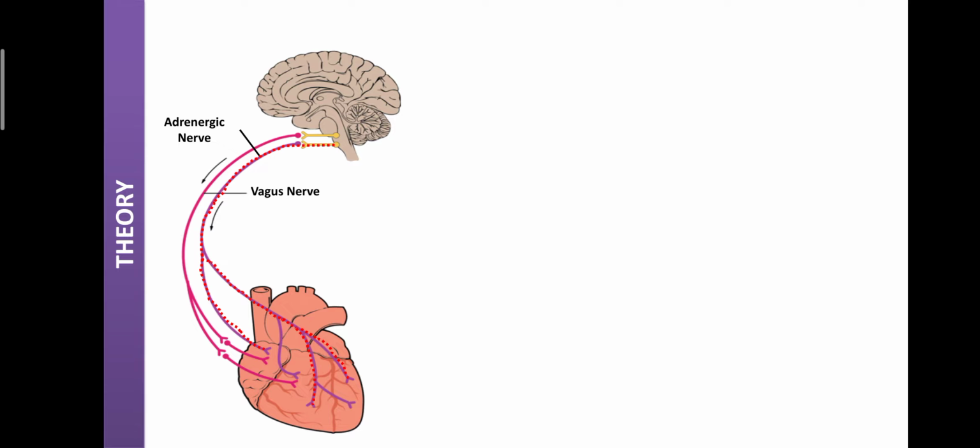They originate from the brain and are present in the heart, and they are involved in the secretion of adrenaline and noradrenaline. Adrenaline and noradrenaline mainly activate the beta receptors.